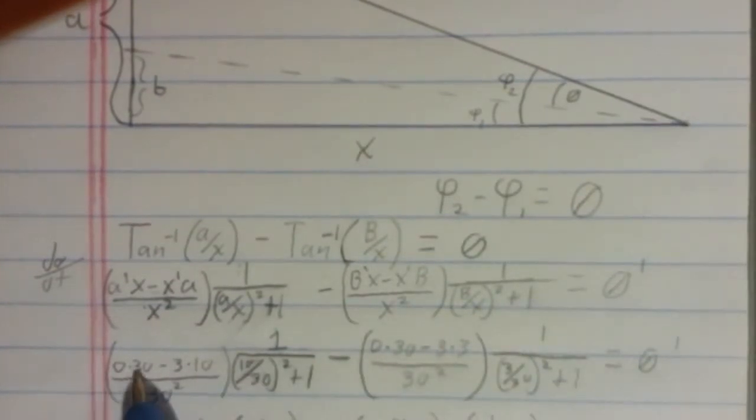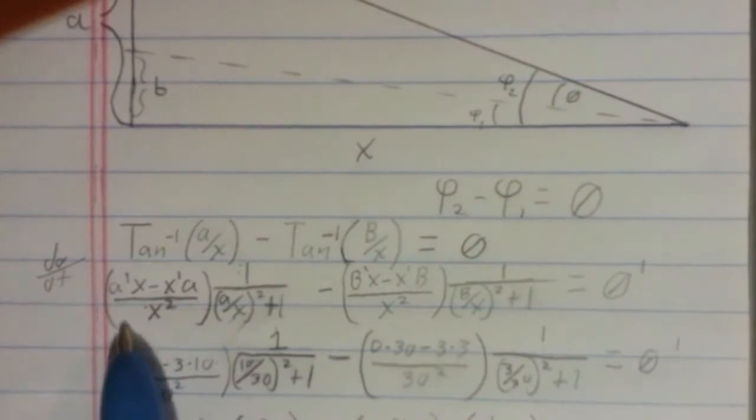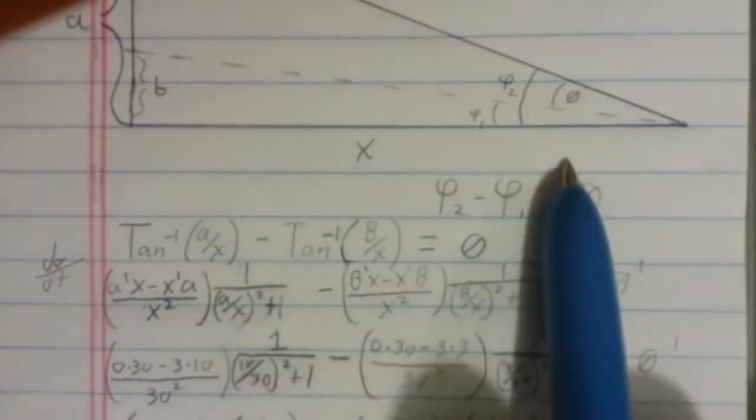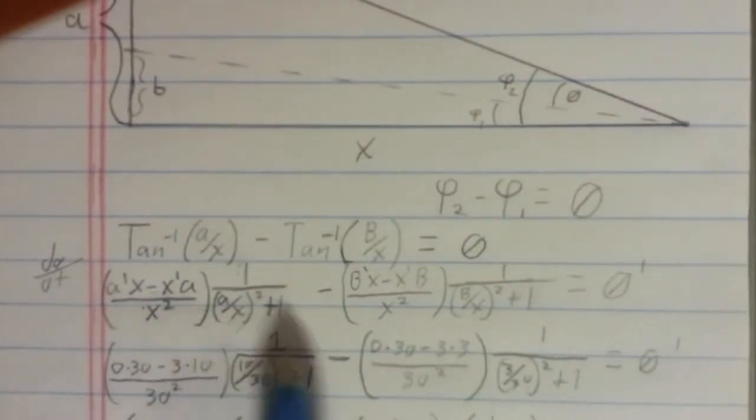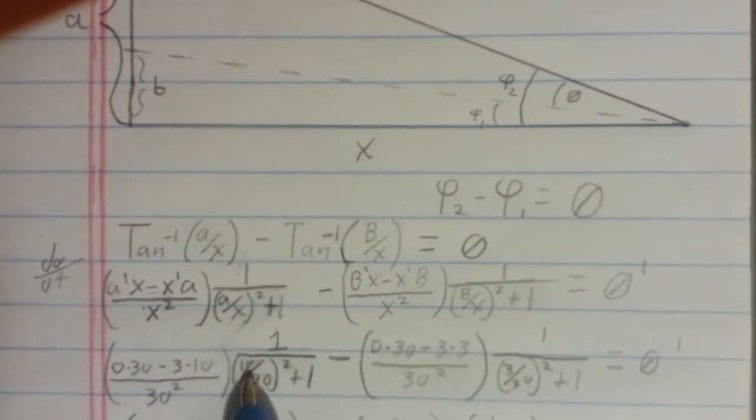Now we plug in our values, 30 for x, and 0 for a prime because it's a constant, and 3 for our x prime because that's the given rate of the expansion of our x. And same thing given in here, 10 for our a value and 30 for the given x value. Quantity squared plus 1 over 1.